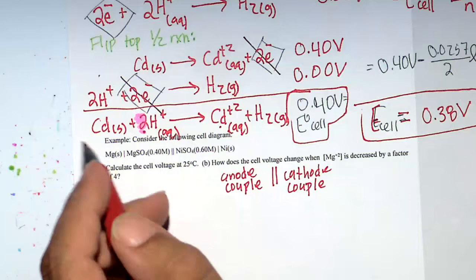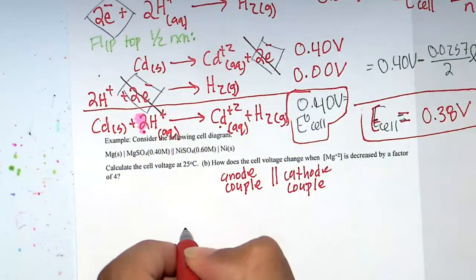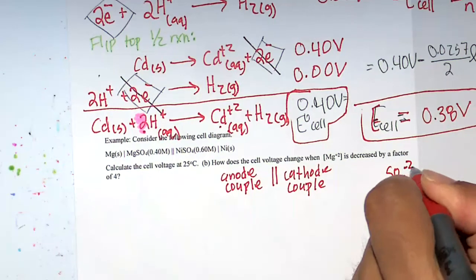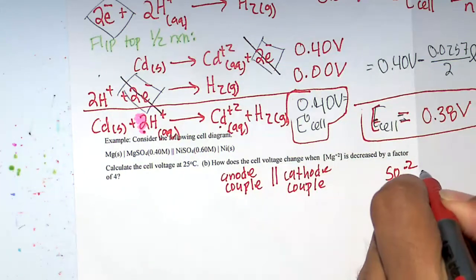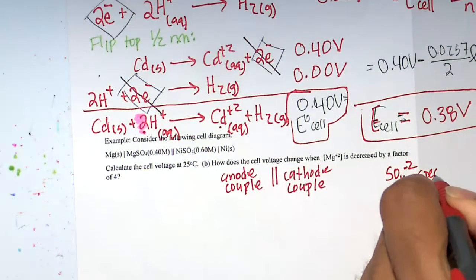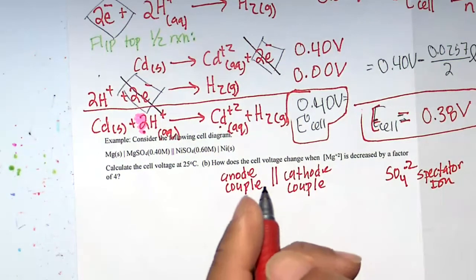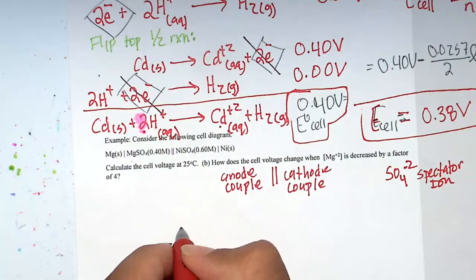So we have Mg solid going to MgSO4. Here, you're going to have to surmise that SO4 minus 2 is a spectator ion. It's not really involved in this reaction. What is really happening is Mg solid going to Mg plus 2.